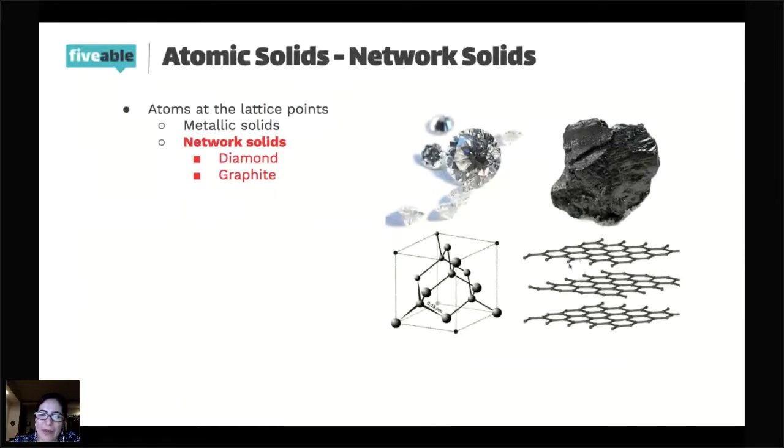Exactly. Graphite will be easy to break, but we're going to break it in sheets. We're going to separate these sheets that are attached, forming thin films of graphite, because we will break them along the intermolecular forces. Excellent.